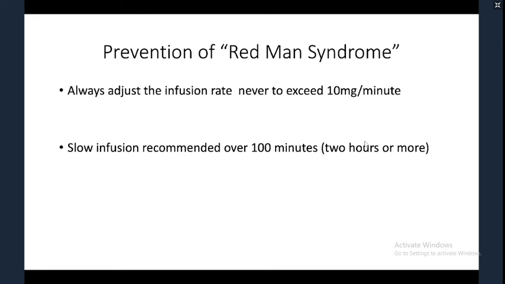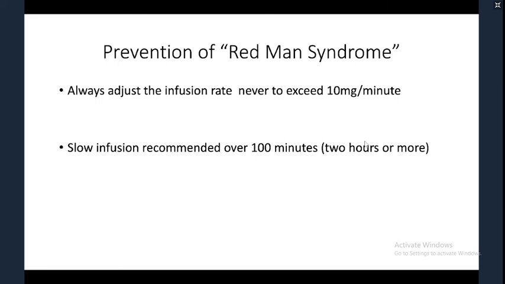But at the same time, you have to specifically ask the nursing staff never to increase the rate in order to complete the vancomycin within that time period. What we have noticed in our setting is that it is being given as a 2-hour infusion, but in certain instances the rate increases in order to administer within 2 hours of duration.